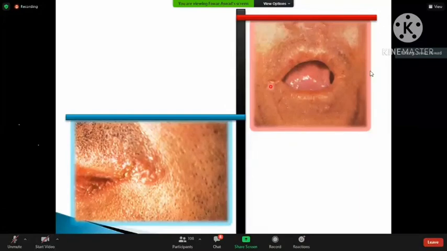Then what are the things the dentist can notice during examination of the lip?